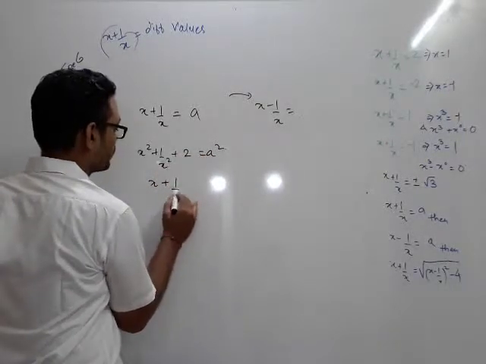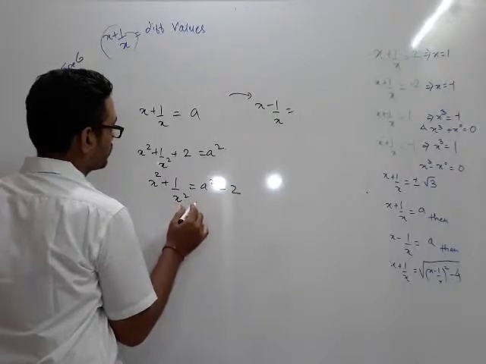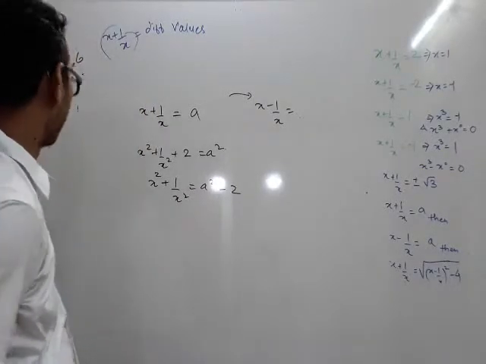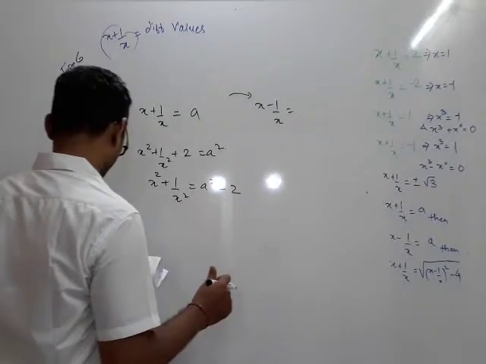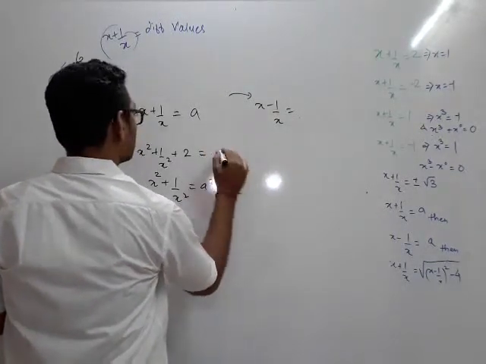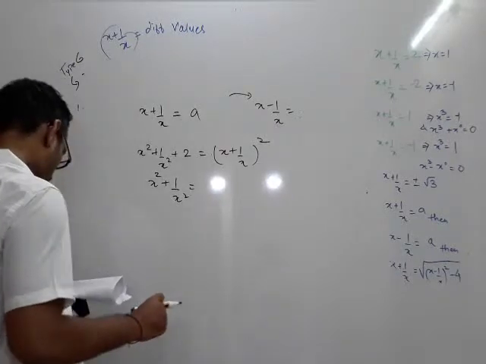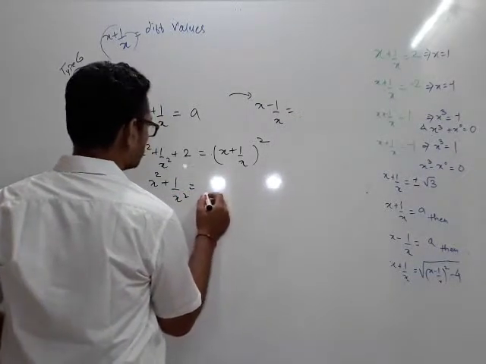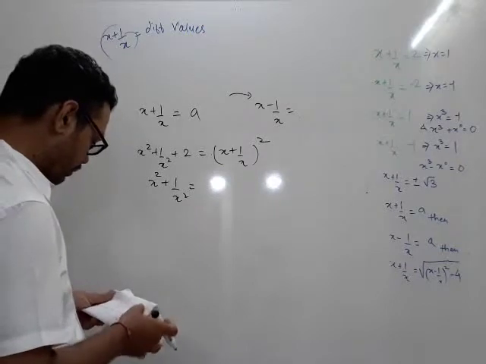So x square plus 1 by x square is a square minus 2, or you can call it x plus 1 by x, the whole square.